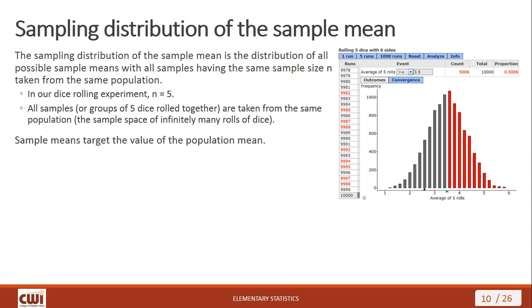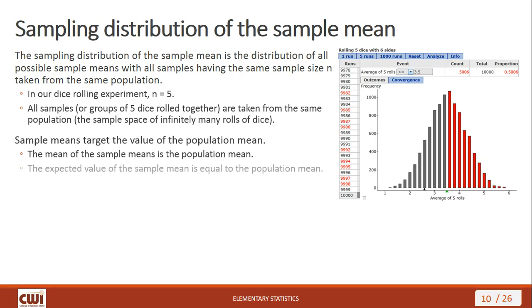As we see, sample means target the value of the population mean. The mean for our distribution is 3.5, which is the expected value for the entire population of dice rolls. So the mean of the sample means is the population mean.